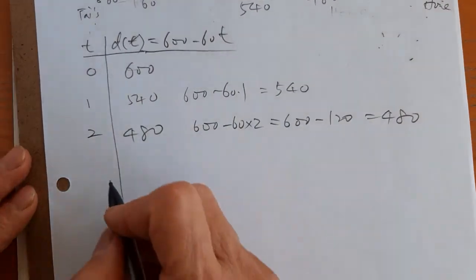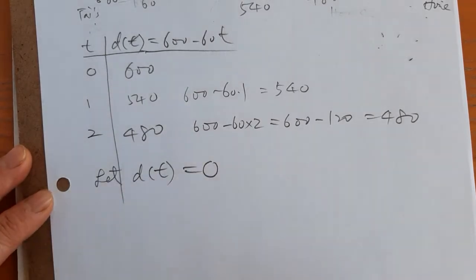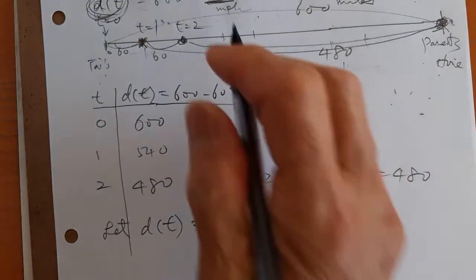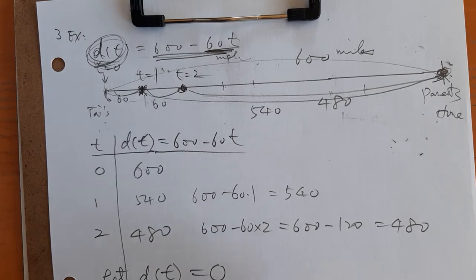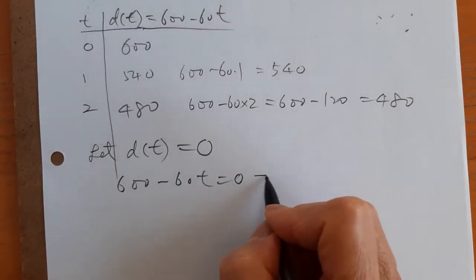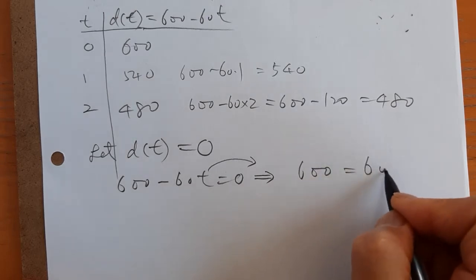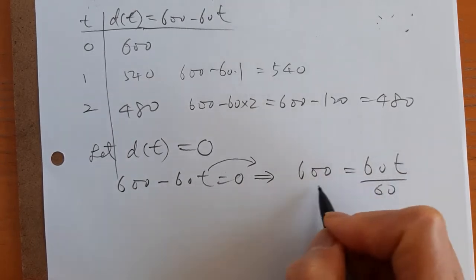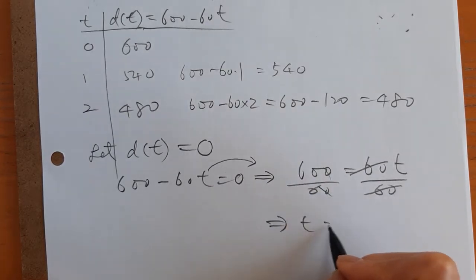So you let that distance function value equal 0. The d of t is this one, so 600 minus 60t equals 0. Solve for t: move the 60t over and divide both sides by 60. You get t equals 10.